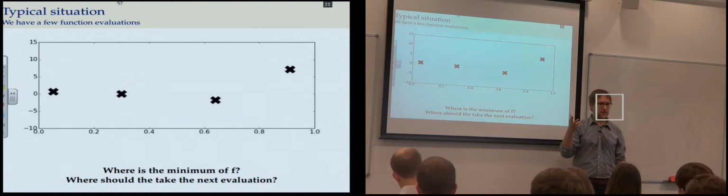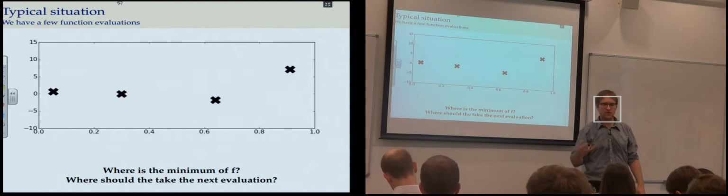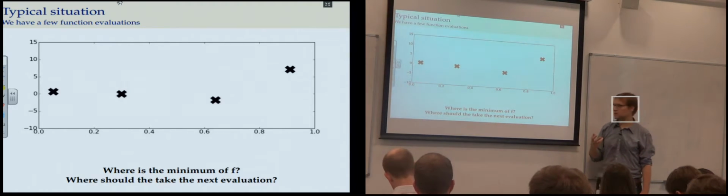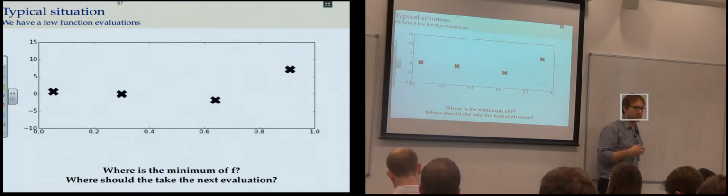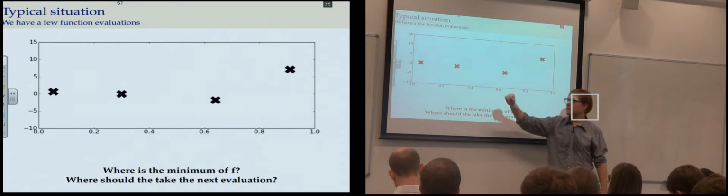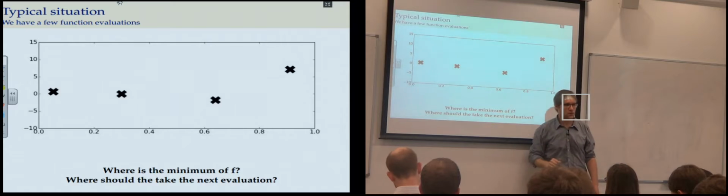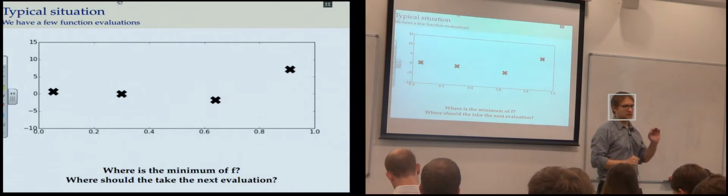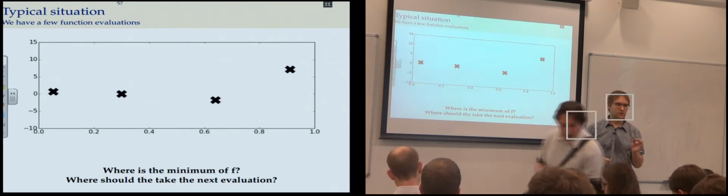So if I'm giving you another potential evaluation of the function that you can do, where would you take that evaluation? So remember, this is a continuous differentiable function. I've made 4 evaluations. This is the result that we have. So if you have to make the decision of where to locate another evaluation of a function, where would you do it?